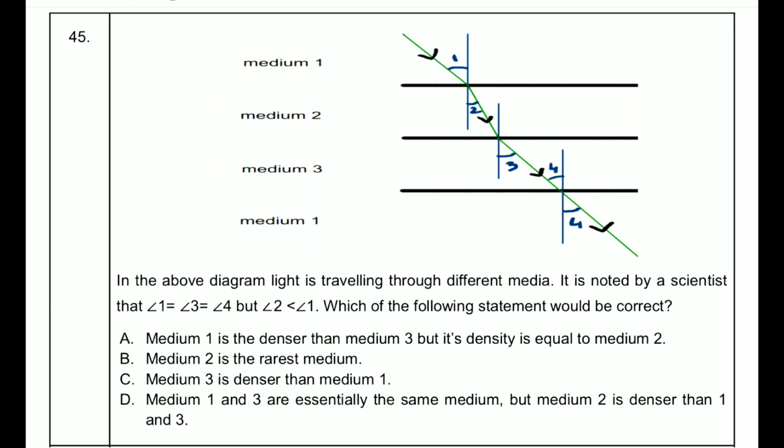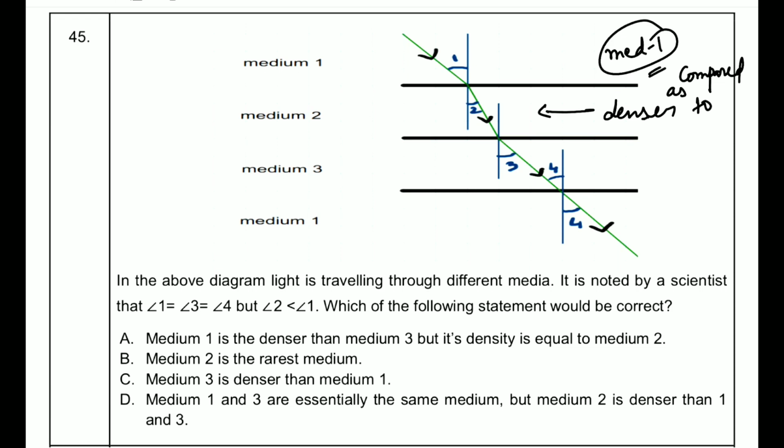Now what it means is that this medium is denser as compared to medium 1. So you can simply write it here: this medium is denser as compared to medium 1.